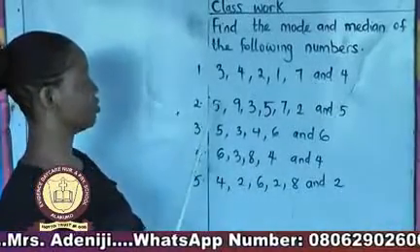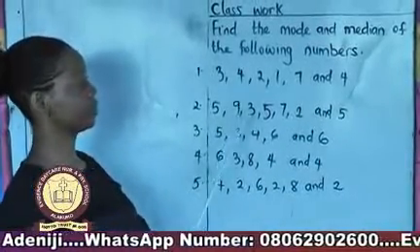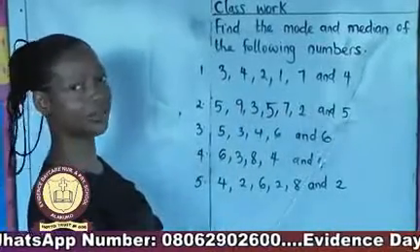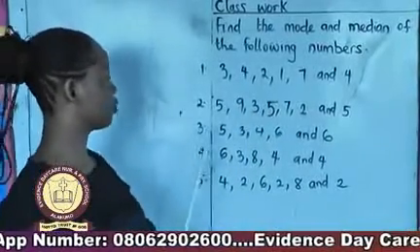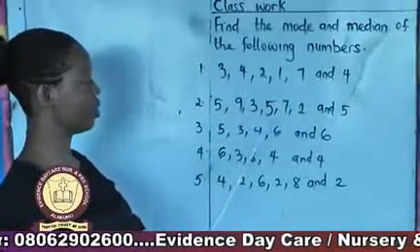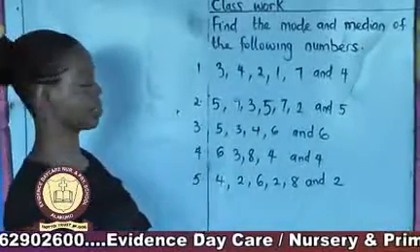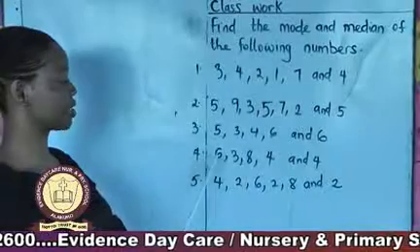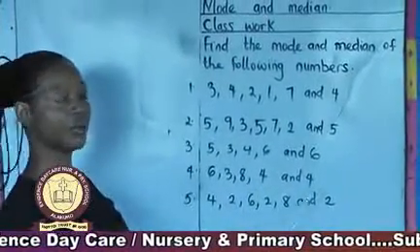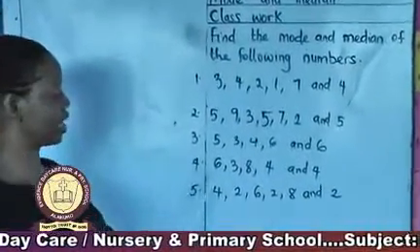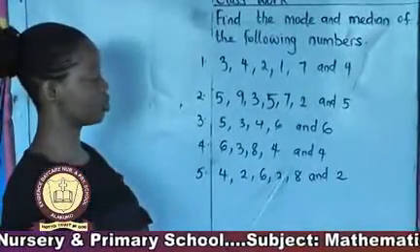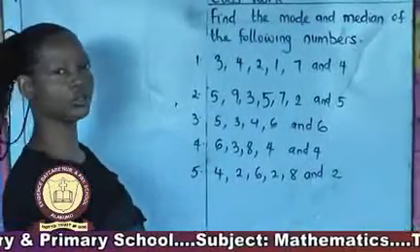Number 2, 5, 9, 3, 5, 7, 2 and 5. Number 3, we have 5, 3, 4, 6 and 6. Number 4, we have 6, 3, 8, 4 and 4. Number 5, we have 4, 2, 6, 2, 8 and 2.